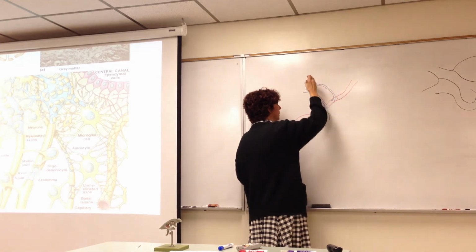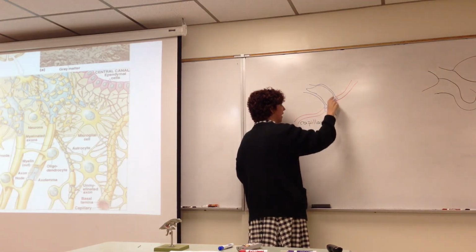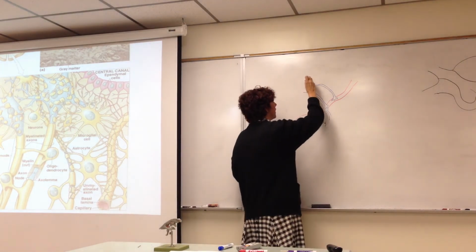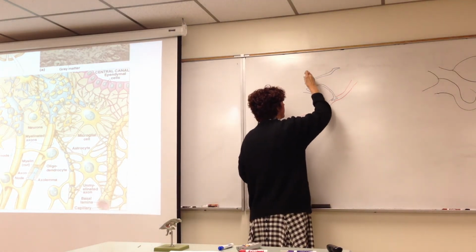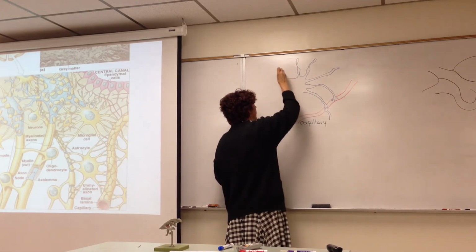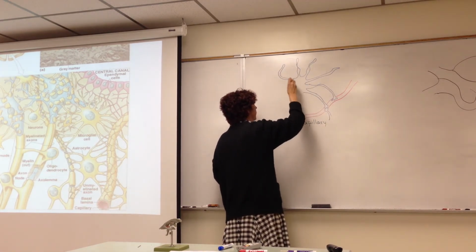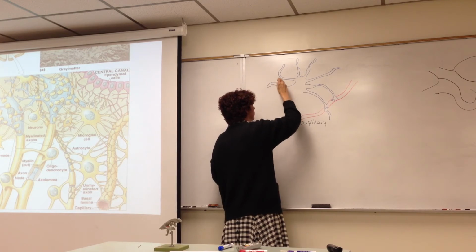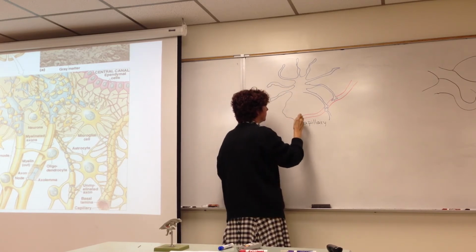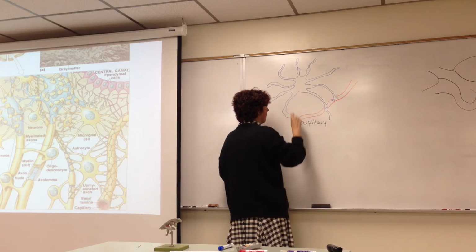It has multiple processes, and those attach to the capillary, and then additional processes attach to the neuron itself. So it has this star-like appearance, hence its name, astrocyte.